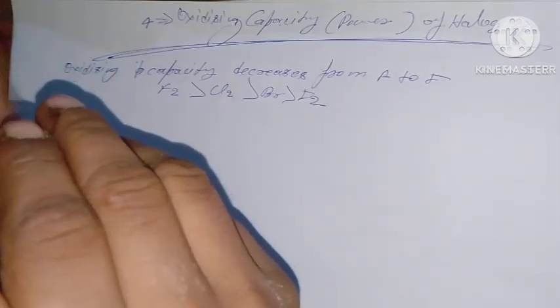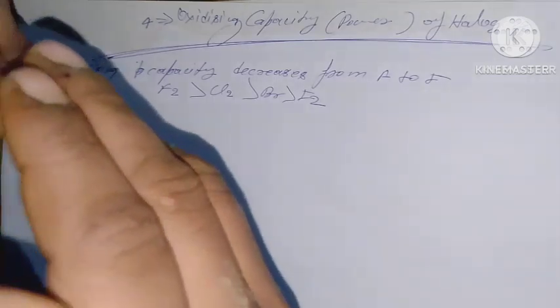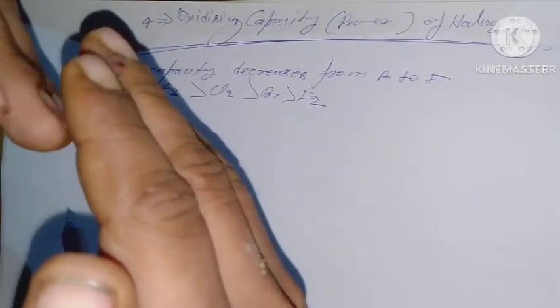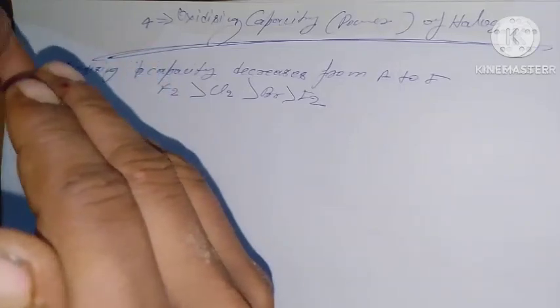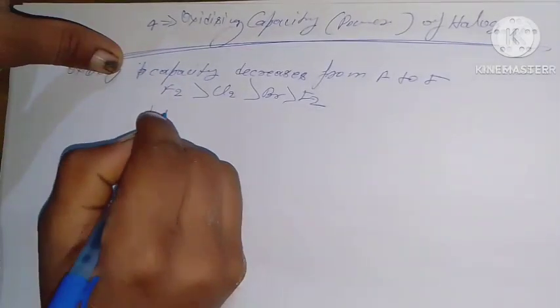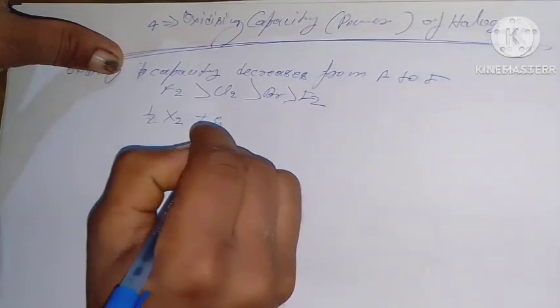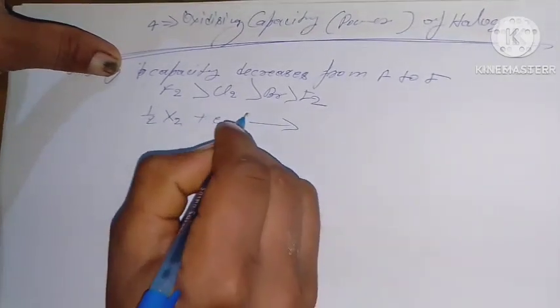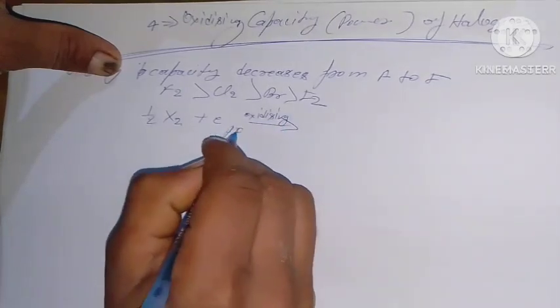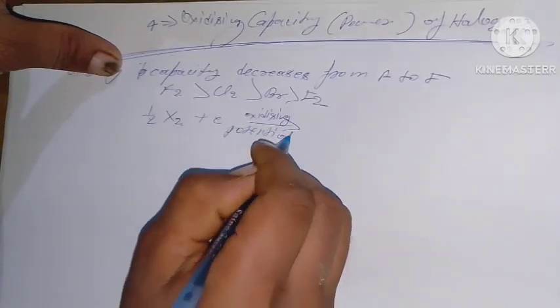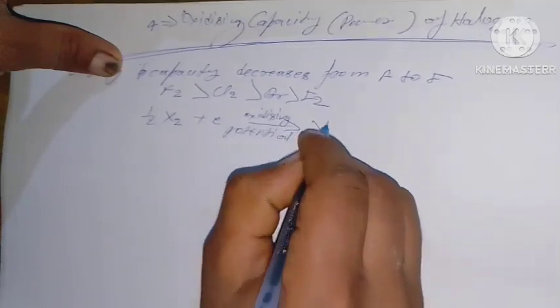Hence, the energy released in conversion of halogen into hydrated ions X negative is the measure of its oxidizing capacity. Half halogen plus electron gives X negative, the oxidizing potential.